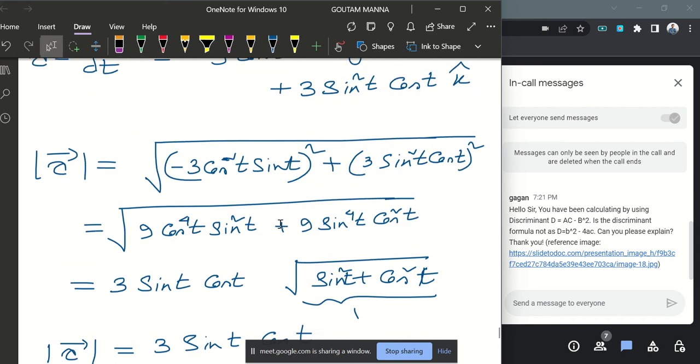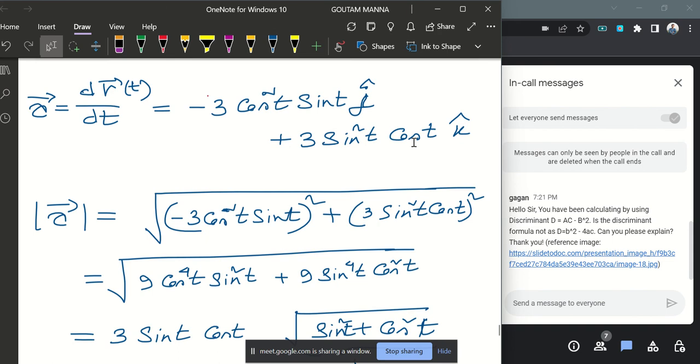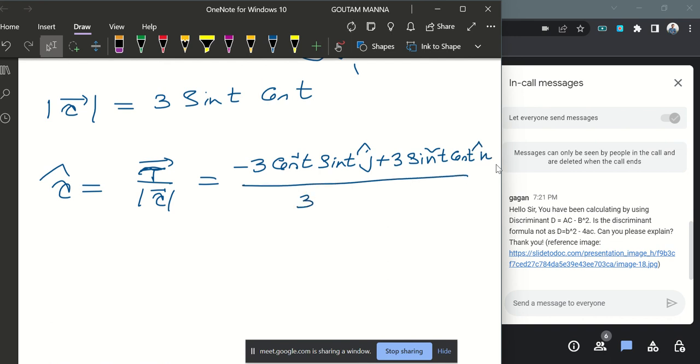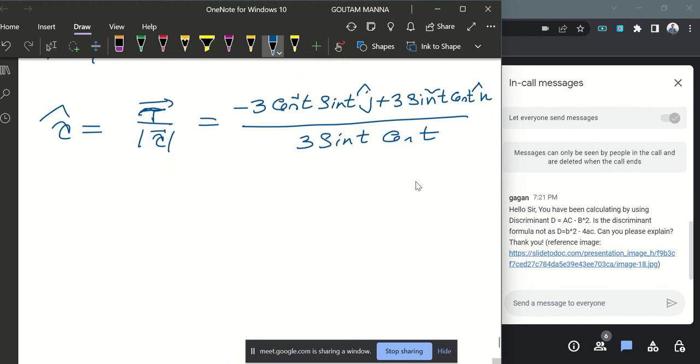Tau vector is minus 3 cos square t sin t j hat plus 3 sin square t cos t k hat, divided by 3 sin t cos t, which is minus cos t j hat plus sin t k hat.